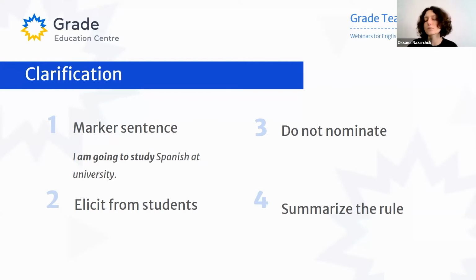But what's important, I do not nominate. Why? Because this is the first time they encounter the structure. And I'm talking here about elementary students who see the structure for the first time.